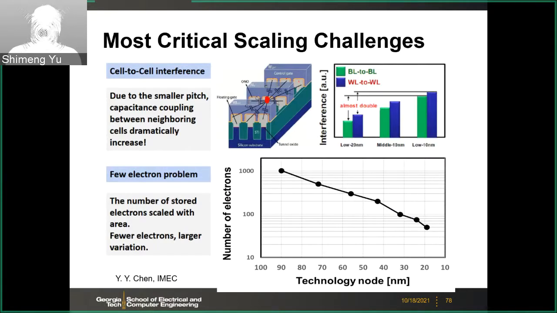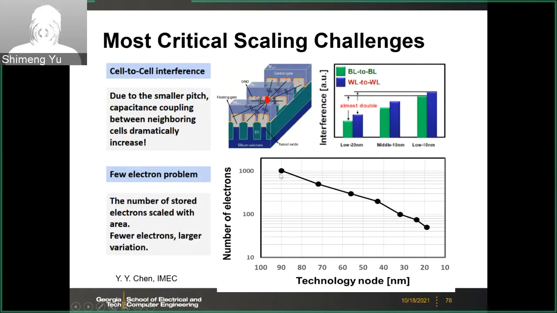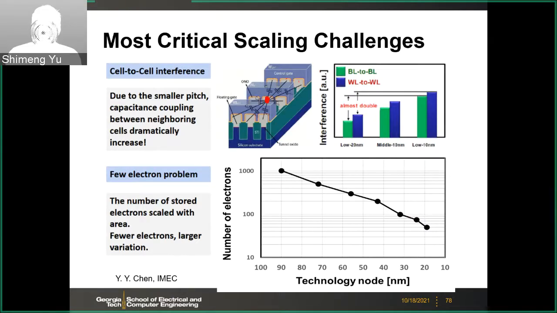If somehow you lose 1 or 2 electrons, then your VTH may shift significantly. Previously, if you had 1,000 electrons in the floating gate and you lost 1, your VTH shifted like 0.1%, which doesn't matter. But here, if you lose 1 electron, then your VTH may shift quite significantly. Therefore, your margin will be much reduced, especially for the multi-level cell.